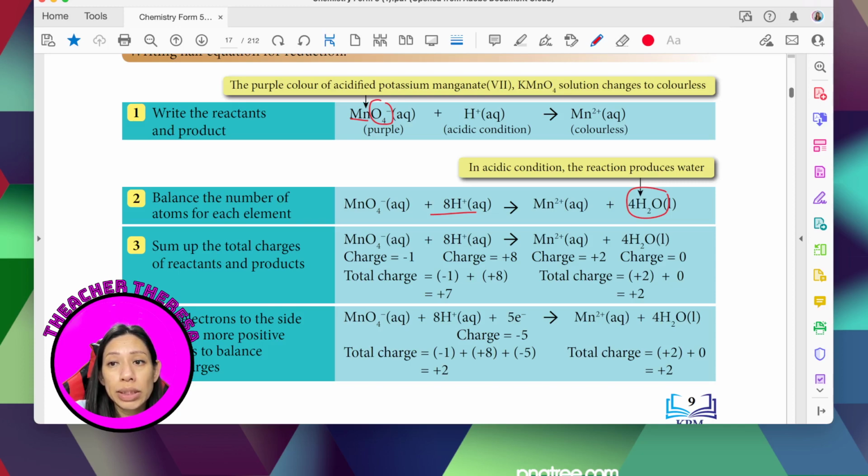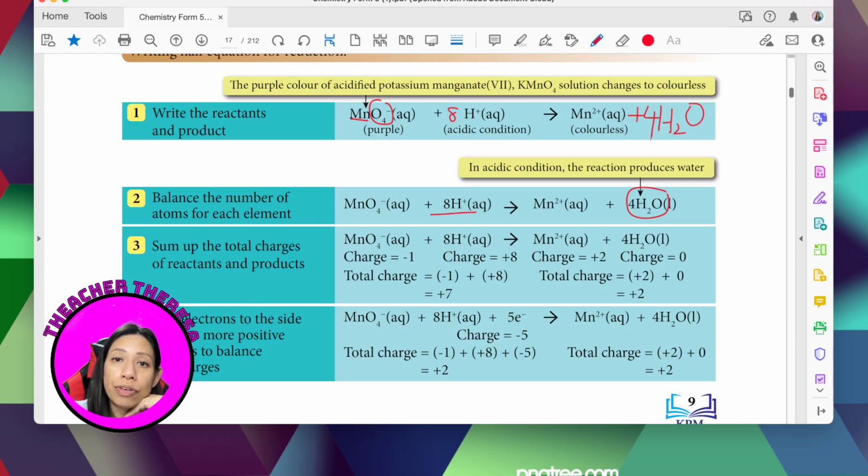If you put water, H2O, here, the hydrogen won't be balanced anymore. You have 4 oxygen here, so you must have 4 water here, so hydrogen becomes 8. And now is how we balance the electrons. Manganese(VII) is going to receive electrons.